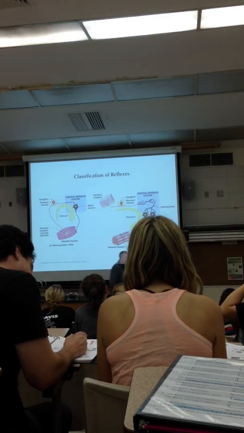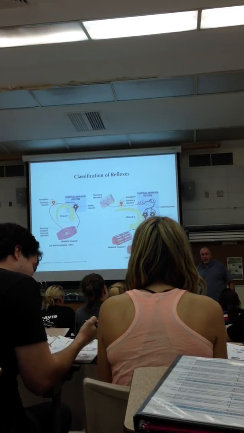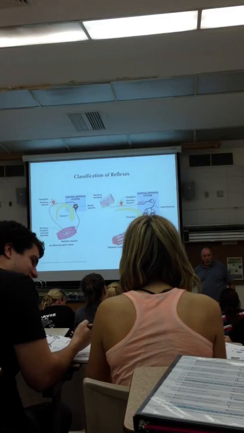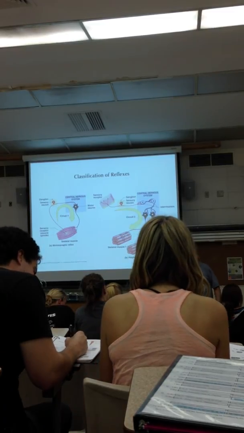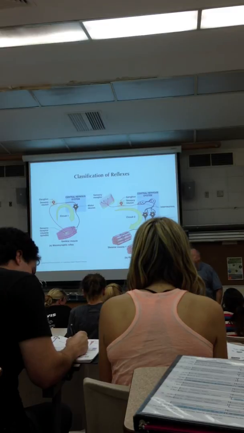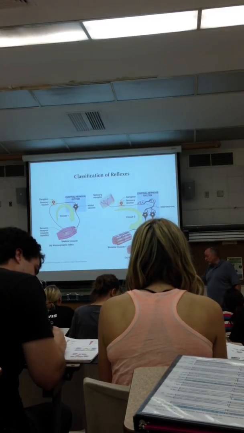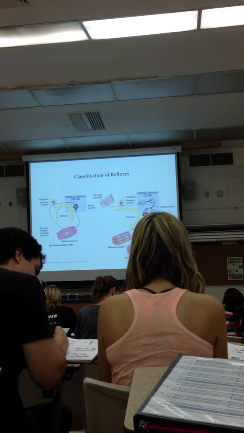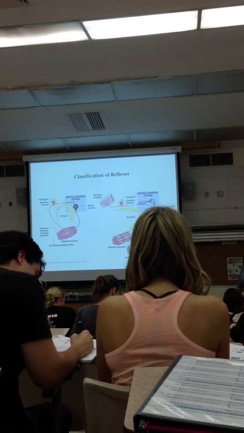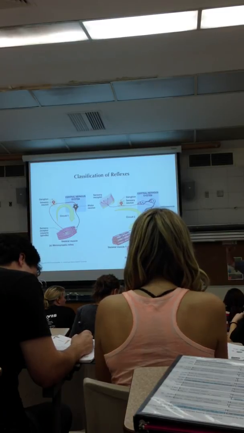An example of this would be, I touch something hot. Do I have to think about removing my finger? No. But at the same time, I need to know that. And so I need to send information up to my cortex, to my sensory cortex that says, hey, I just touched something really, really hot. And so there's now some ascending tracts that have to take place with this.